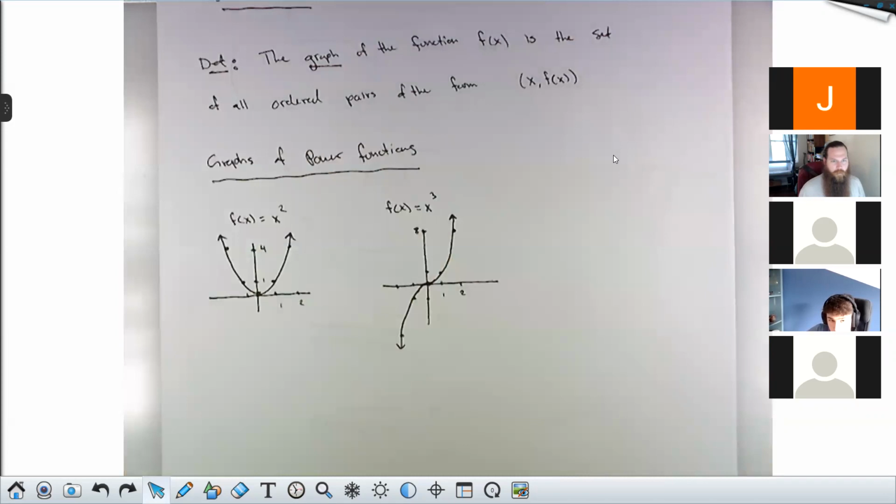And in general, if you have x raised to an even power, you'll be looking at a shape more or less like this. And x raised to an odd power, you'll be looking at a shape more or less like this. The difference is that as that power gets larger and larger, the piece between -1 and 1 gets more smushed and flat.